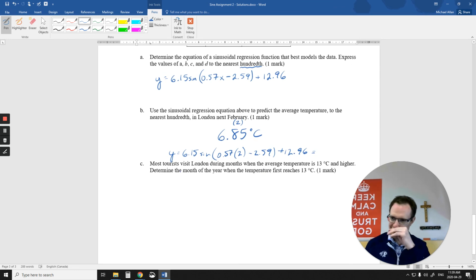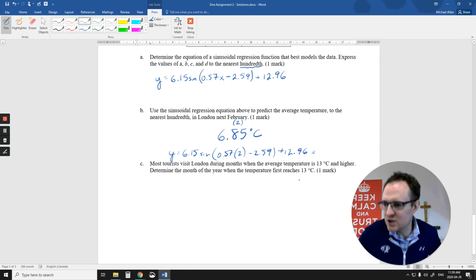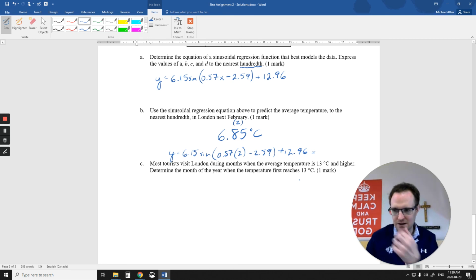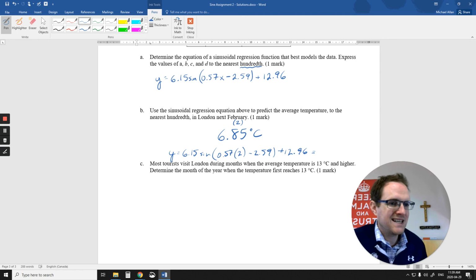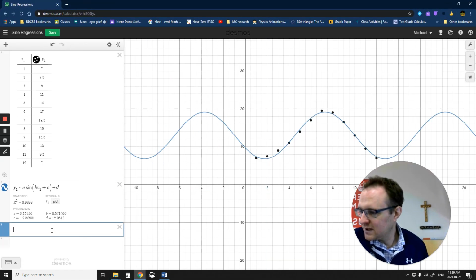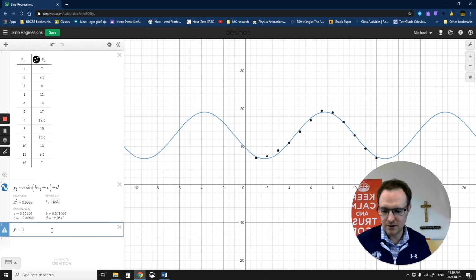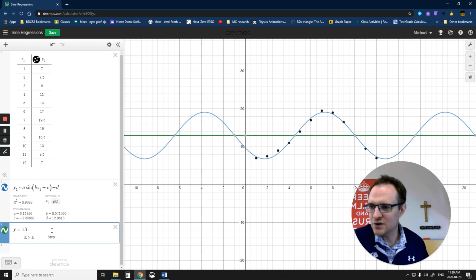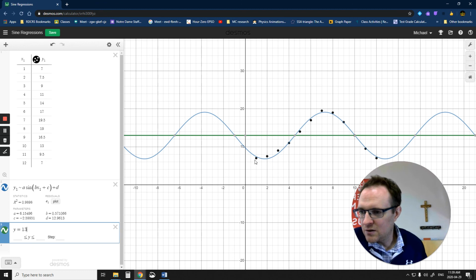Most tourists visit London during the months that have an average temperature of 13 degrees or higher. Determine the month of the year where the temperature first reaches 13. So I'm going to pull out my calculator here, and I'm going to pull out a line that says y equals 13, because remember, the y values are the temperature. So January, February, March, April, somewhere between April and May, right?